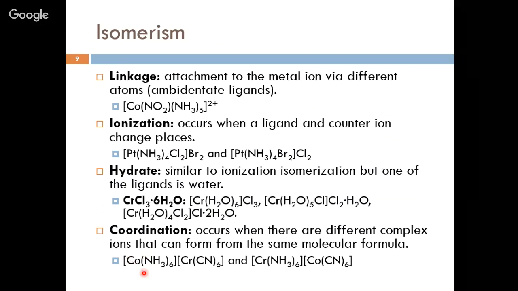In this example, we have amine ligands attached to cobalt, and cyano ligands attached to chromium in our two complexes. Or we can have chromium attached to the amine ligands and cobalt attached to the cyano ligands. So we've switched which metal is attached to the ligand, or you can think of it as switching the ligands on the metals.